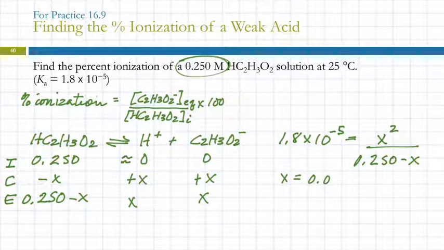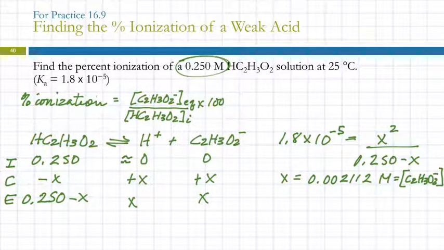X is 0.00211 molar. That is equal to the equilibrium acetate concentration.